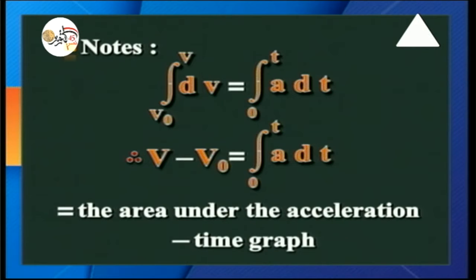What do we mean, my dear students? When we want to find the value of the velocity and we have the acceleration, we find the area under the acceleration-time graph. This is the change of the velocity, v minus v naught.